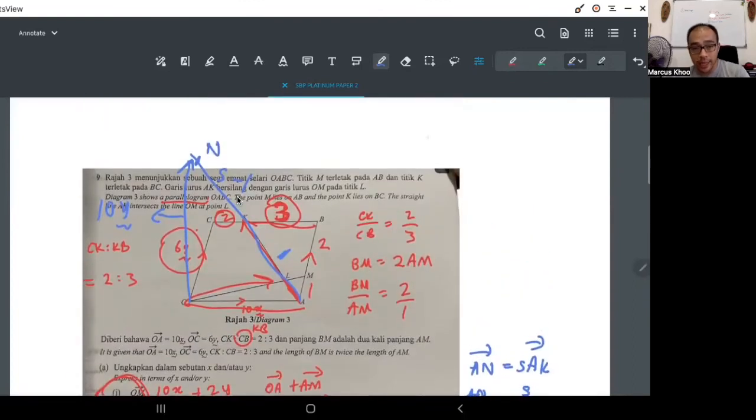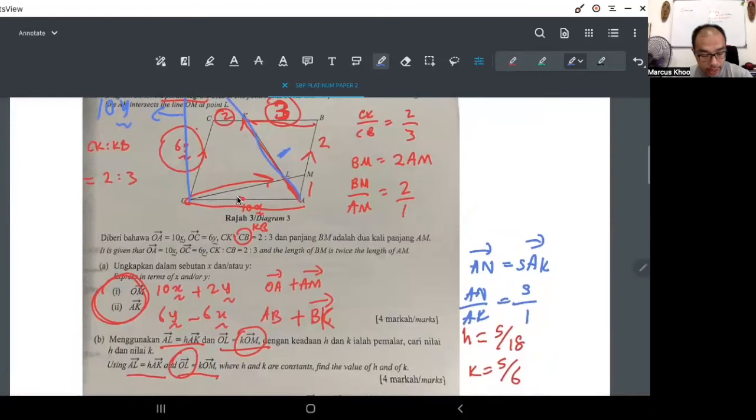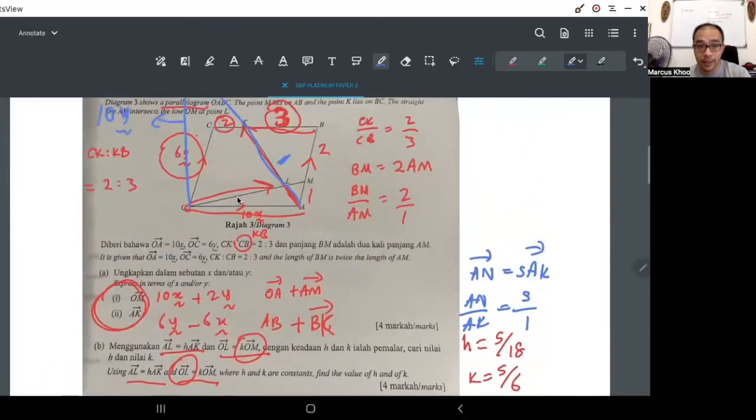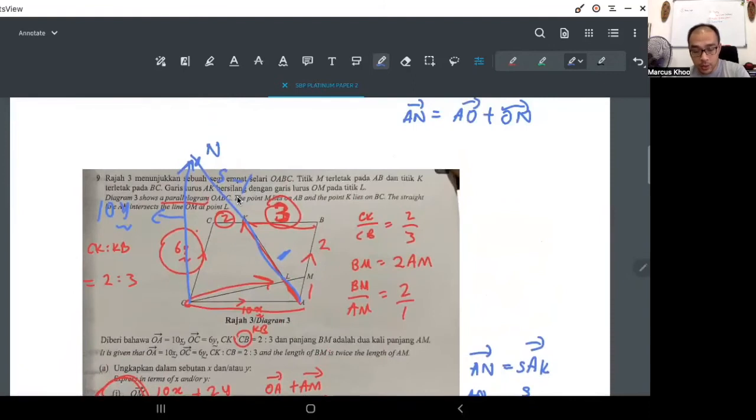Okay, so we can get, okay, wait, we can get AN equals to AO plus ON. Okay, and we know that AN is SAK. Okay, so we can write SAK equals to, okay, AO is negative 10x, okay, plus ON sudah diberi 10y.